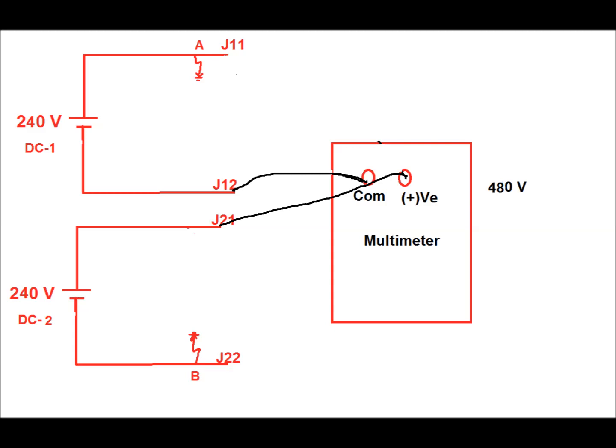But if you connect the voltmeter between J21 and J12, that is the positive of DC2 and the negative of DC1, and there exists a DC mismatch, then the voltage between these two terminals will come to 480 volt via earth, and this will lead to a dangerous overvoltage, and this overvoltage may burn the relay auxiliary contact and also burn the relay.